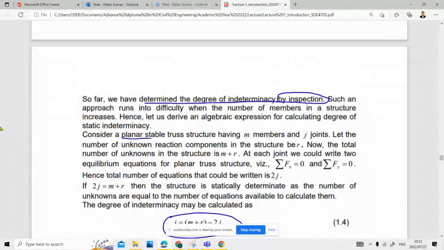So they started with the planar stable truss. Mostly in the case of a truss, there is a problem because so many redundant members are added in order to maintain the stability of the structure. Why is that needed? Because in a truss the members are long, and the major issue is the slenderness ratio, SR. To improve the slenderness ratio, they put some redundant members in between to reduce the length of the member so that it cannot buckle, right?